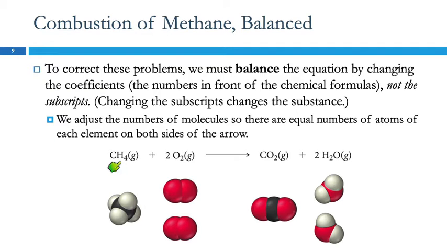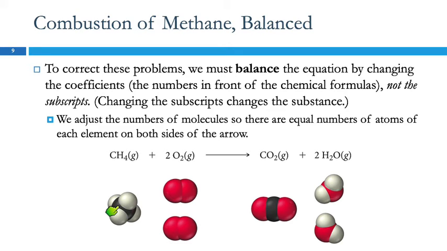Here we have the chemical equation in letters, and then we have space-filling models of these molecules, which can help us see what's happening. We need to put a 2 in front of the oxygen, so that when 1 methane reacts with 2 of these oxygens, it can form 1 carbon dioxide. The black one is the carbon.